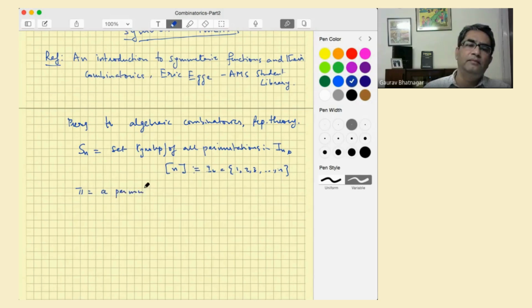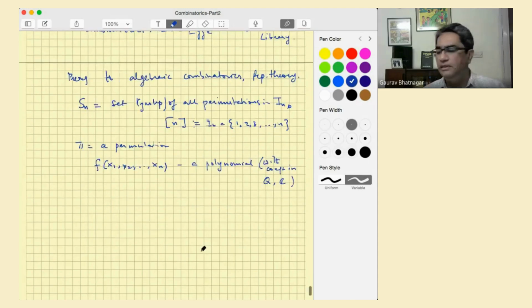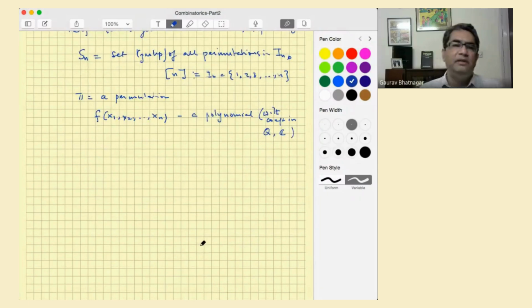Say f(x1, x2, ..., xn) is a polynomial with coefficients; some people like coefficients in Z or Q or even complex numbers, so we will just stick to complex numbers.